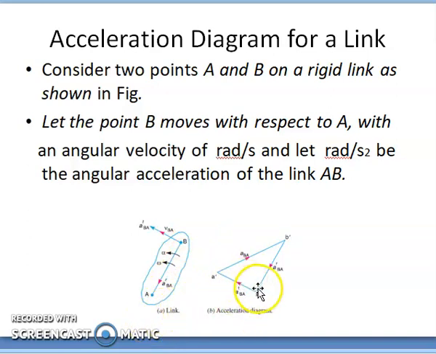One is the tangential component and the other is the radial component. If you take the closing side in the same direction, then that gives the total acceleration of B with respect to A. So this is how we draw the acceleration diagram.